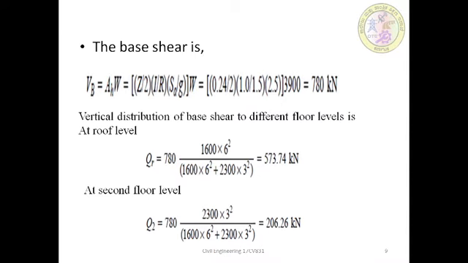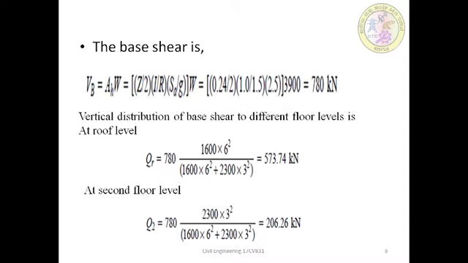Now this 780 is to be distributed at various levels, one at roof level and another at the story level. So this 780 is to be distributed based on the weight and height, W h i square divided by the sum of W h i square of the other stories. According to that, it is calculated as 573.74.